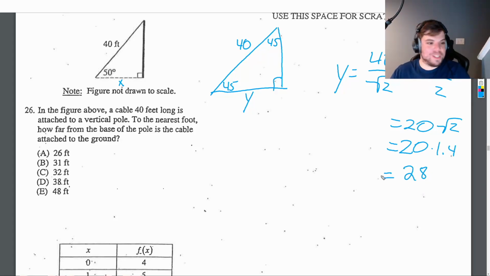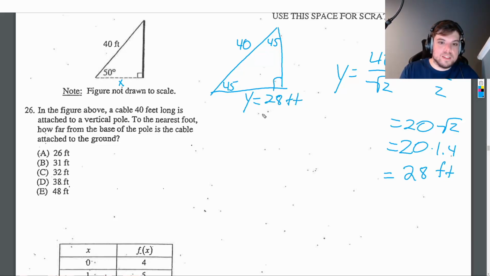Yeah, of course this helps. So that would mean if this was a 45, 45, 90 triangle, then Y would be approximately 28 feet. If it's a bigger angle here, then X has to be smaller than 28 feet.